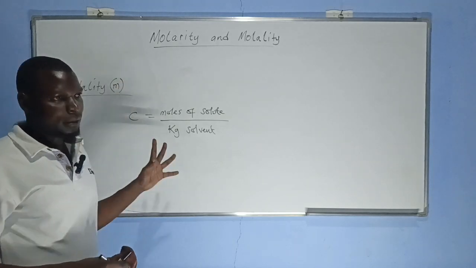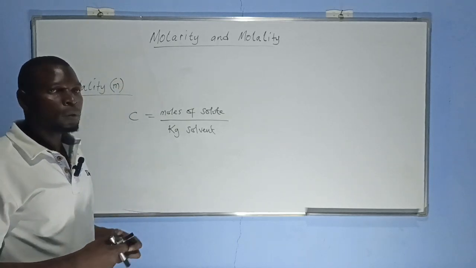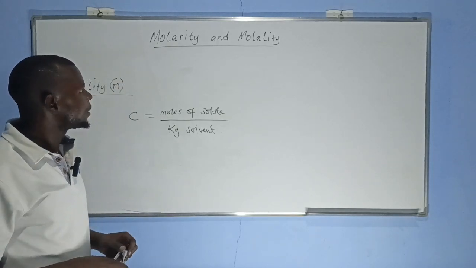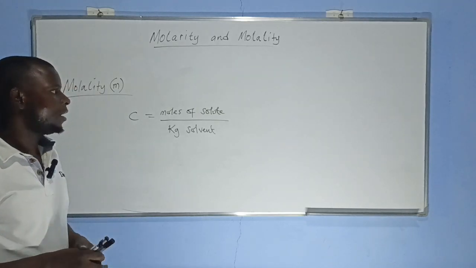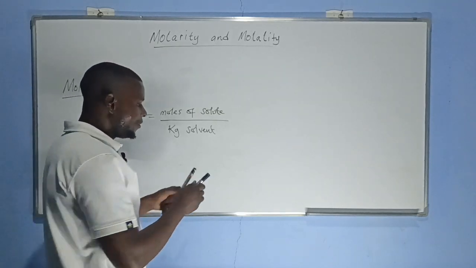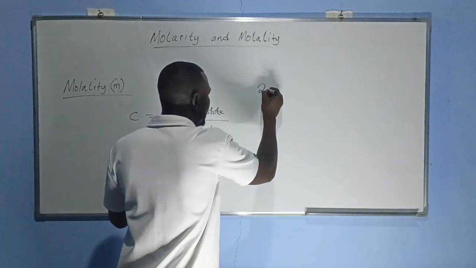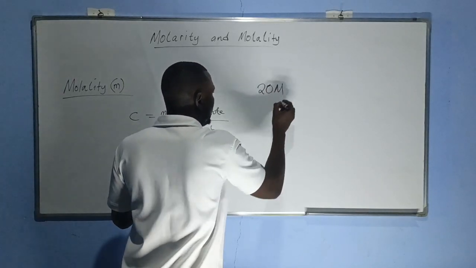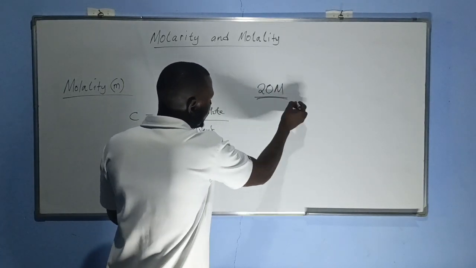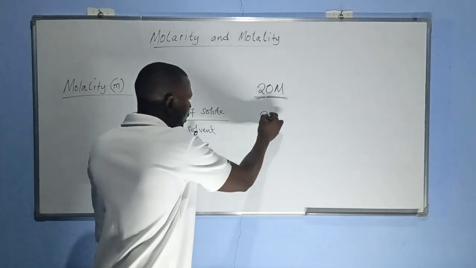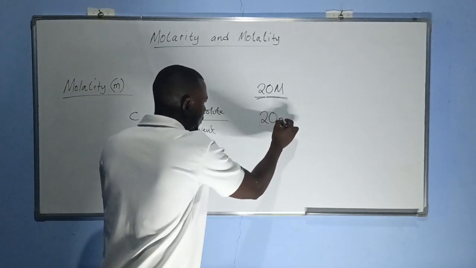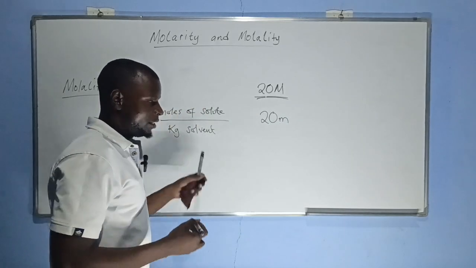So this was a simple video explaining those two terms and a few differences there. In terms of writing, if you see 20 M like this, in terms of concentration, this is molarity, and if you see it written in this form with a small m, this is molality.